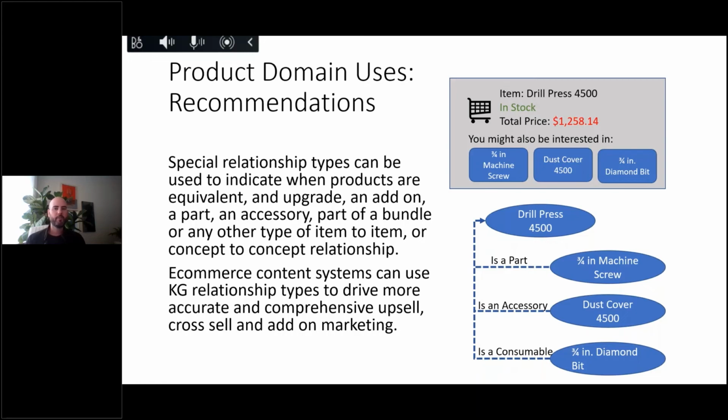It may also be used to say, oh, you're buying the drill press 4500. Well, this is a similar drill press by another maker, or this is an upgrade, this is a lower quality one. By having all those relationships explicitly mapped out, it can really serve up some of these marketing, cross-sell, upsell, recommendation functions as well.